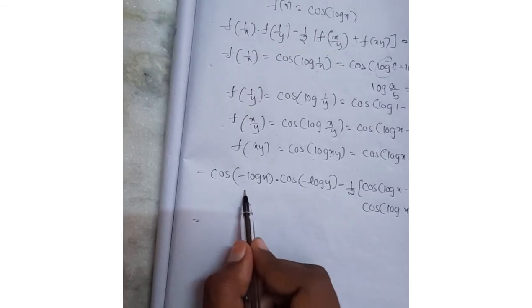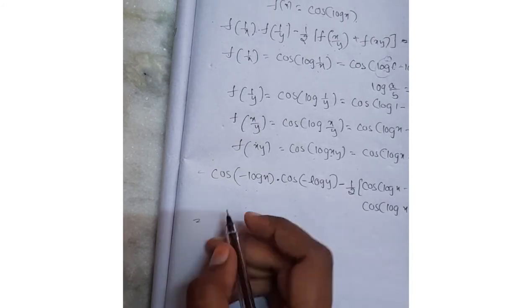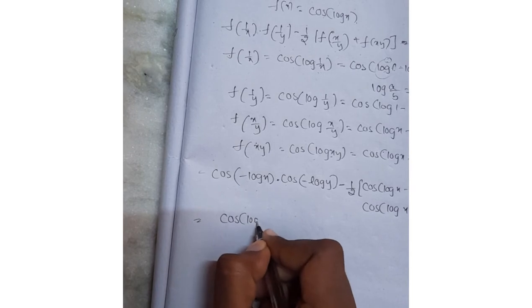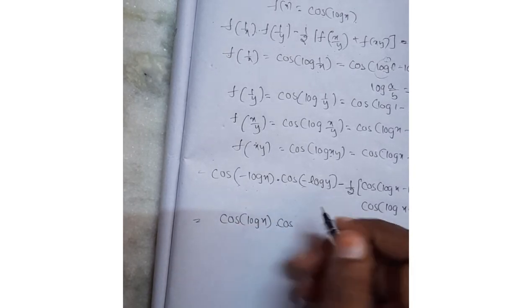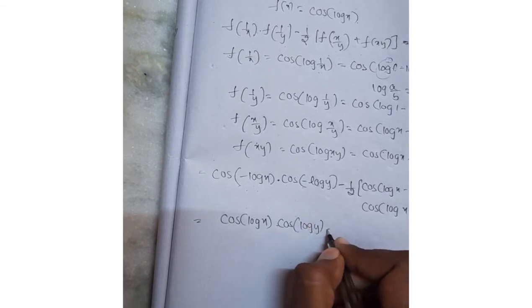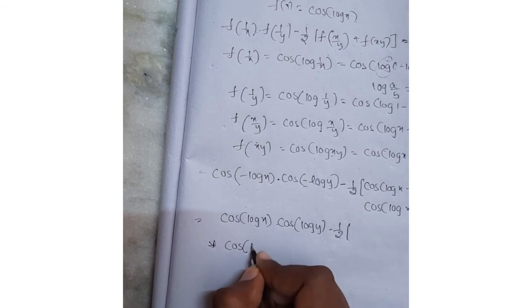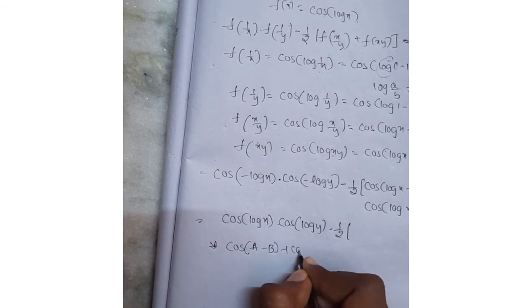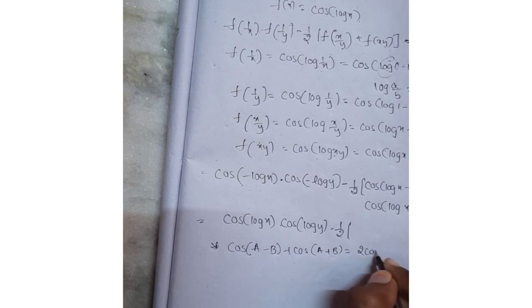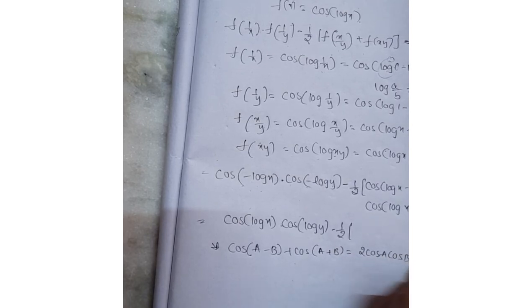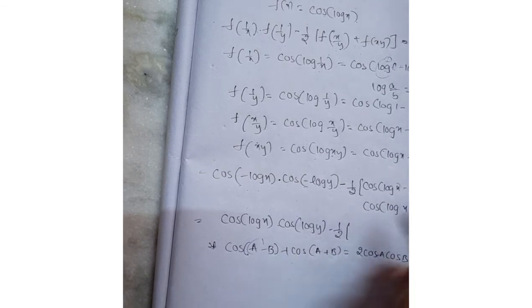So cos of minus x is nothing but cos x. This is the property which you will get in trigonometry. So cos of minus log x is cos of log x, into cos of minus log y is cos of log y. And here in trigonometry you will get a property like cos of a minus b plus cos of a plus b equals 2 cos a cos b, right? Here log x means a, log y means b.